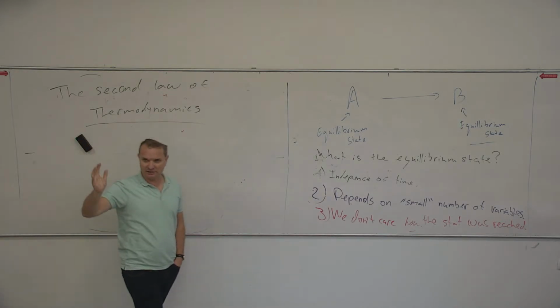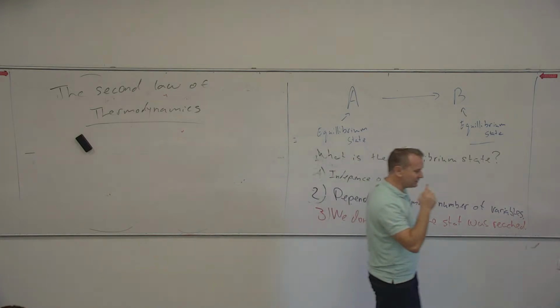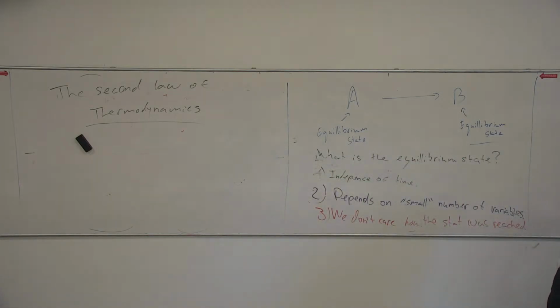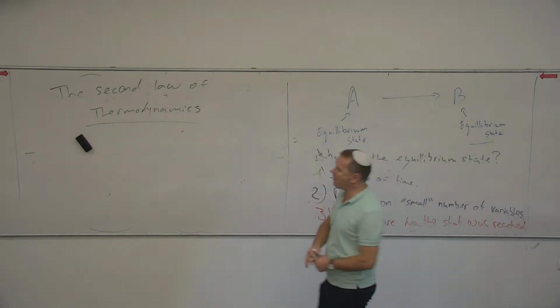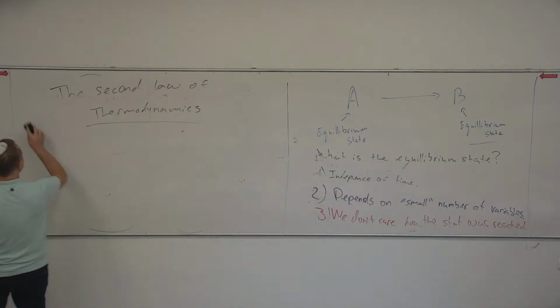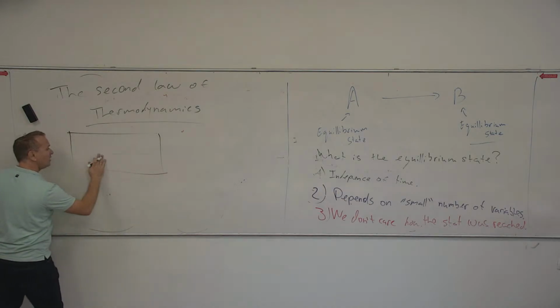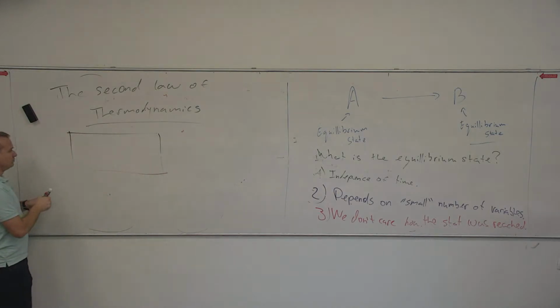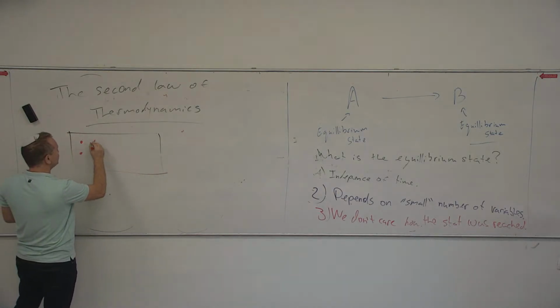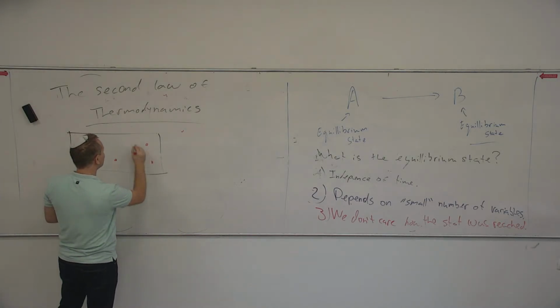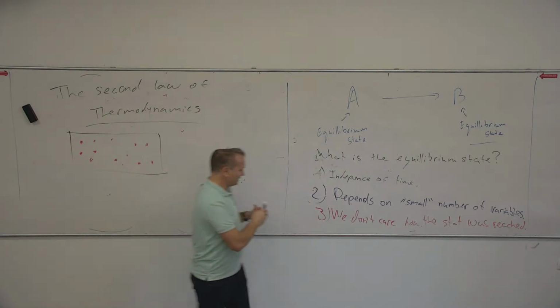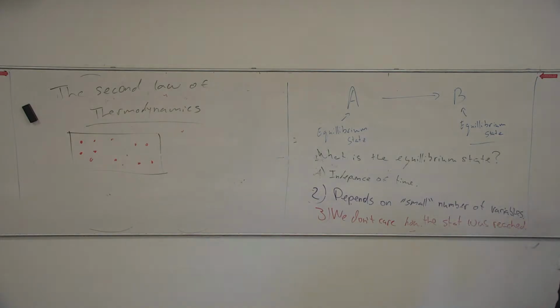I will give you a system, and please tell me what the equilibrium is. The simplest example is a box with a bunch of molecules. Some of them are red and some of them are blue.